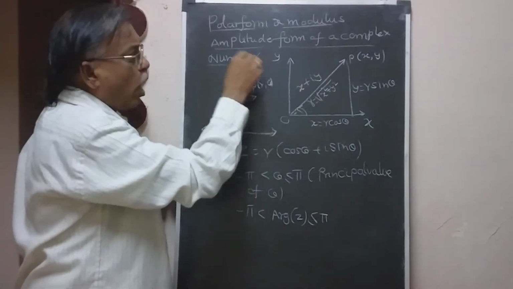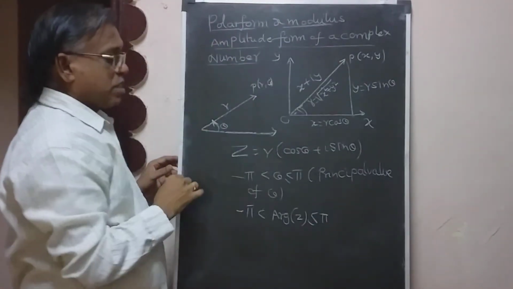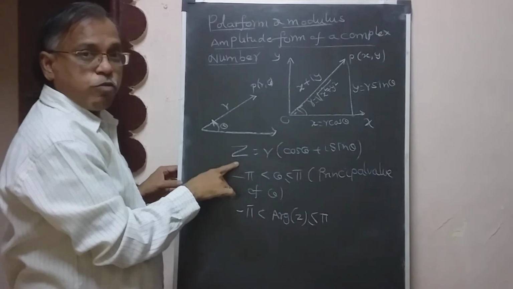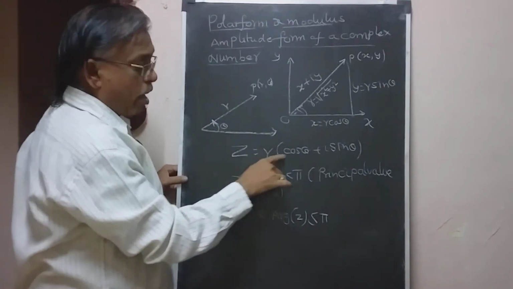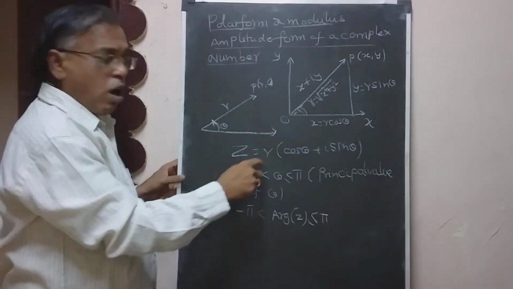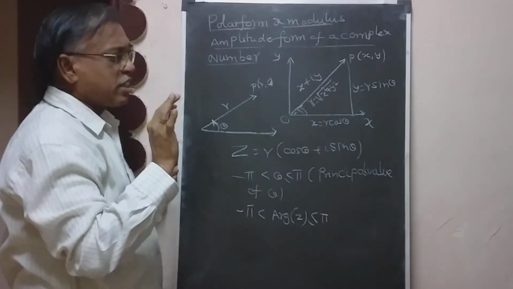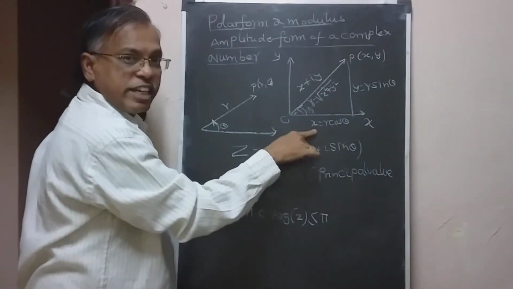Now, how you denote this polar form or amplitude form of a complex number is, this is a formula. z is equal to r into cos theta plus i sin theta. How did you get this one? Listen carefully. Suppose this is theta, this is the x coordinate, and this is r.